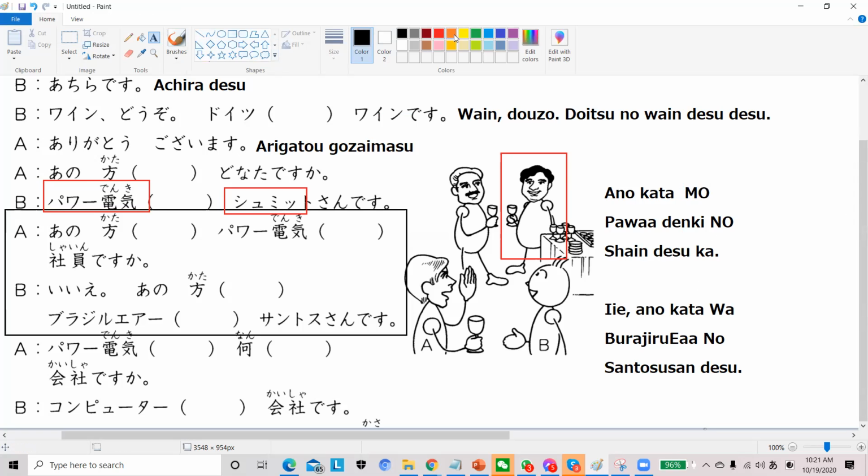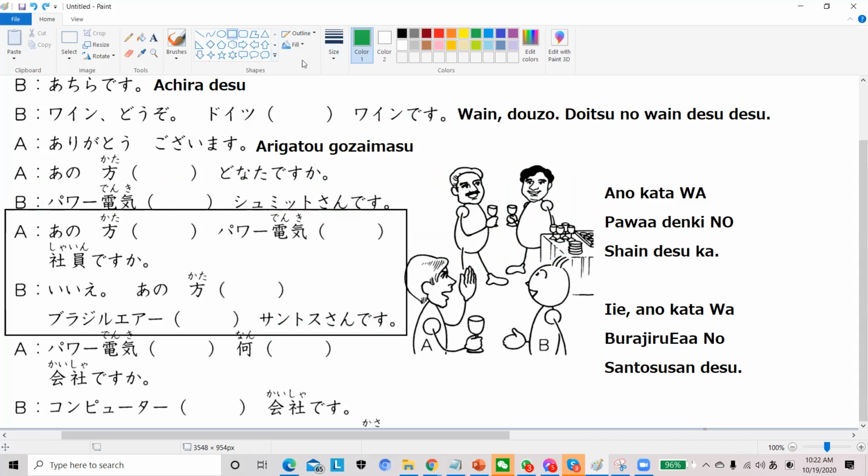Because we assume the fact that Shimito is the same as Santosu-san. So in this case, that is the reason we use the particle mo here. Shimito works in Pawa Denki, and I say as well that Santosu-san works in Pawa Denki.